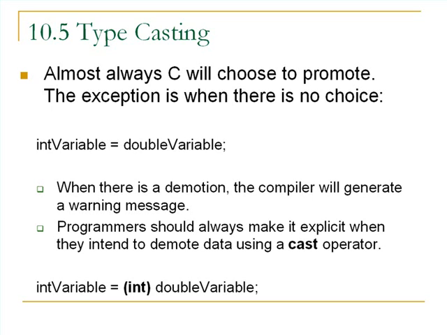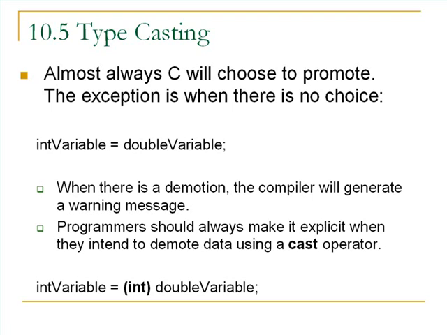You should try to write code that compiles without any warnings, and you can do this if you really do want some data to be lost. You can use an operator called a cast operator. People call this typecasting. The last line on this slide is an example of a downcast.